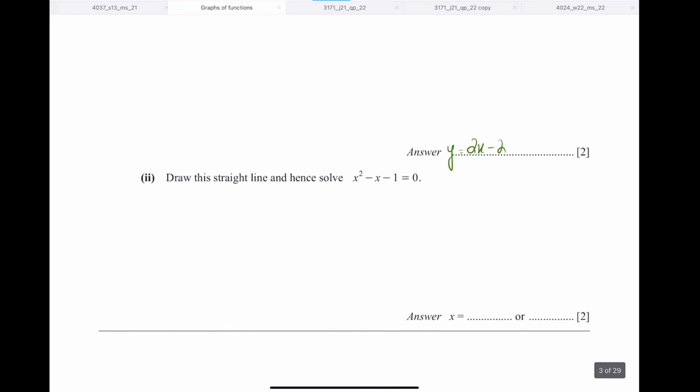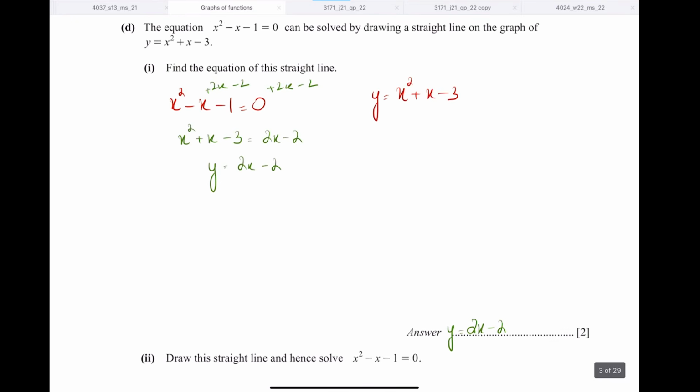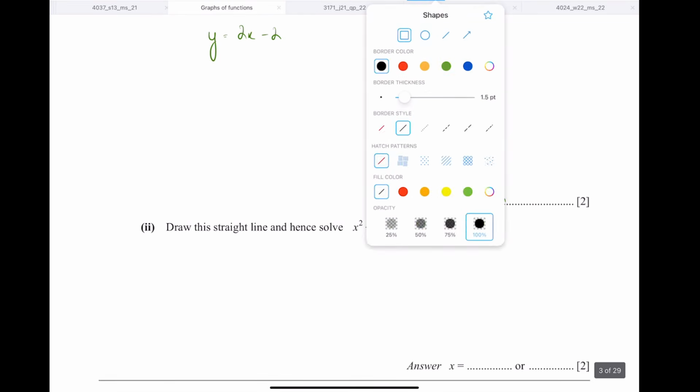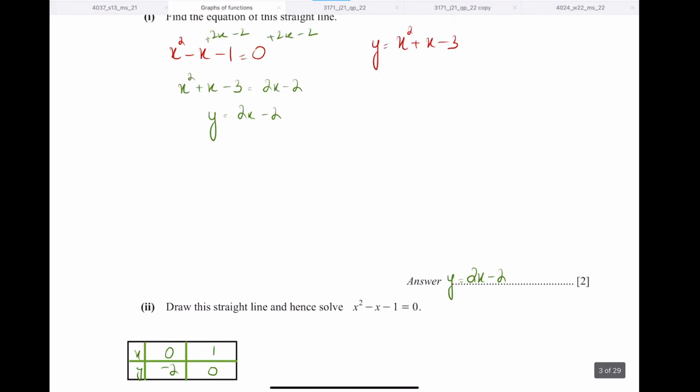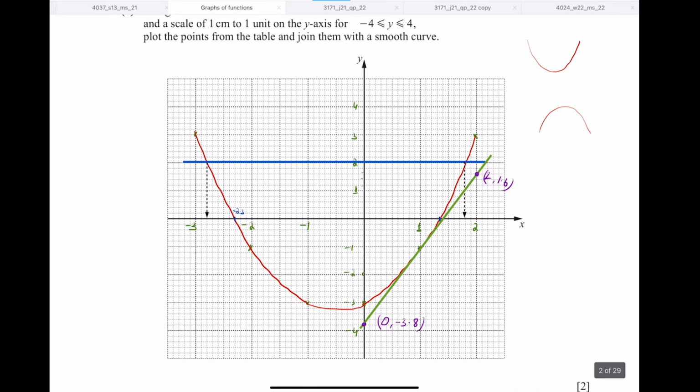Then it says draw the straight line and hence solve. Okay, so now it's pretty straightforward. Now this is the line that we're going to draw, y equals to 2x minus 2. So plug in 2 points. If you plug in 0, you get minus 2. If you plug in 1, you get 0. So 0 minus 2 is going to be over here. I'll switch to a different color.